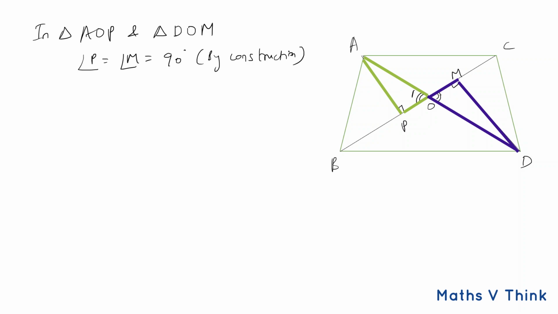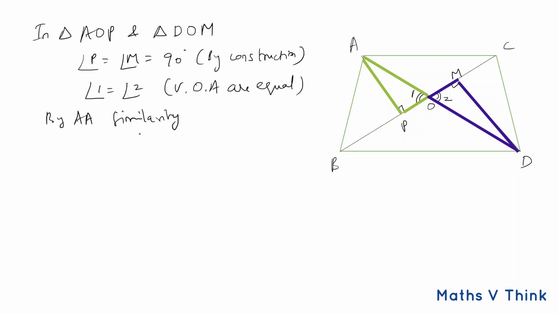So I'll name the angles as 1 and 2. So angle 1 is equal to angle 2, vertically opposite angles are equal. So now by angle-angle similarity, I can tell triangle AOP is similar to triangle DOM. Now I have proved the similarity of these two triangles.